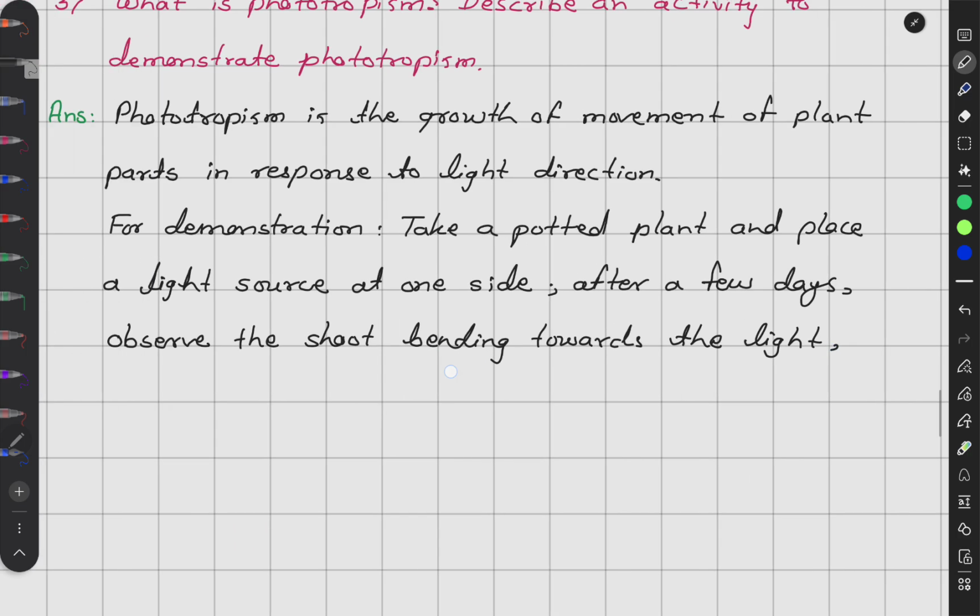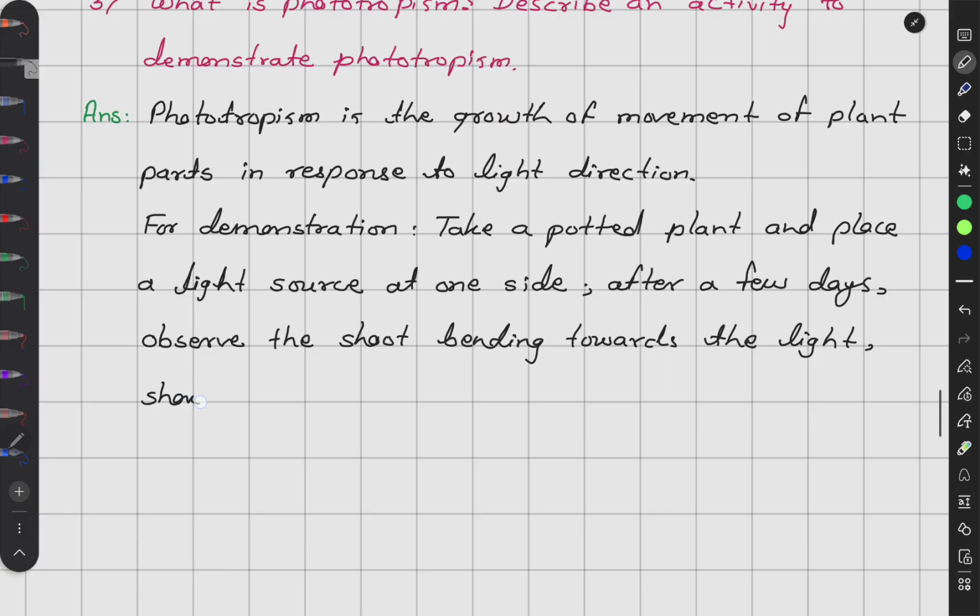It shows phototropism, showing positive phototropism.